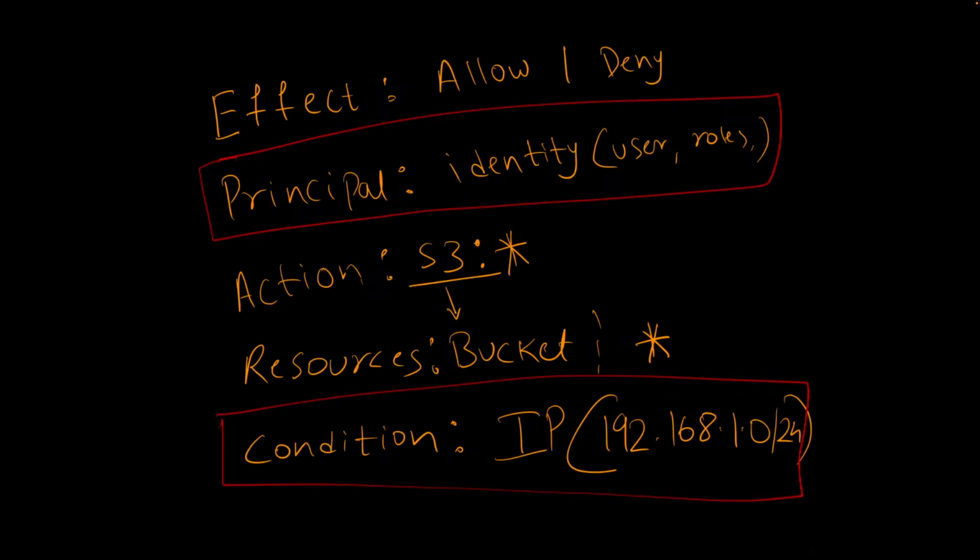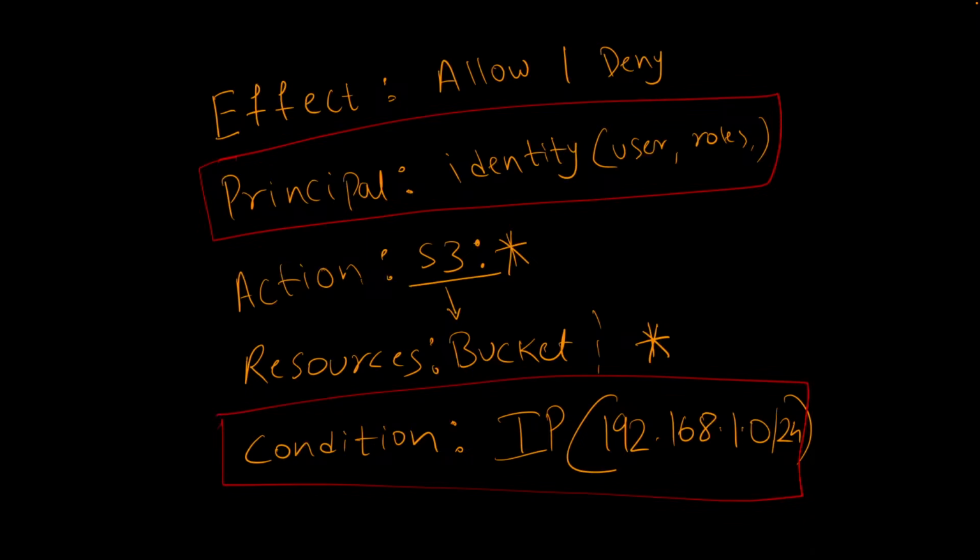Once the policy is created, you can easily attach that policy to a principal, or you can attach that policy to a particular resource as well. The policies can be broadly categorized as identity-based policies. That means you create a policy for a particular user defining what resource he or she can or cannot use. Or you can use a resource-based policy.